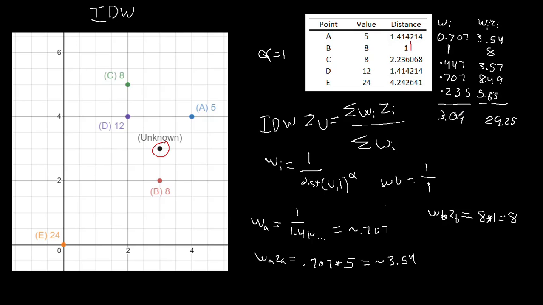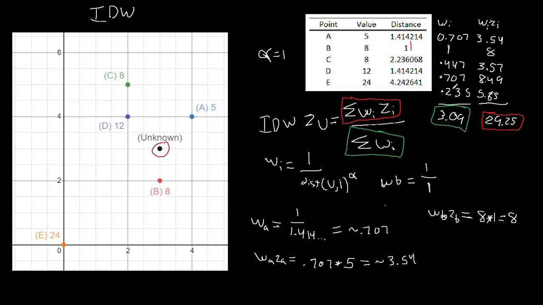Again, I'm just sort of rounding everything as I go. So if we do that, so now we have this right here. Actually, let's do this really quick. This sum WIZI, that's this value right here. This sum WI, that's this value right here. ZI is this column, WI is this column.